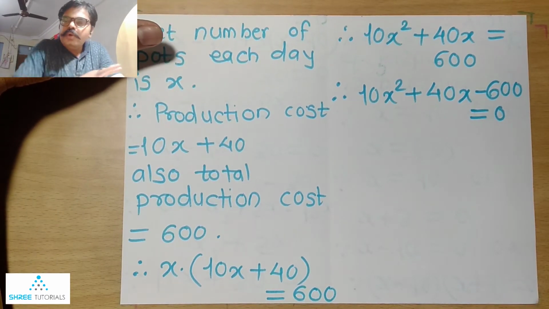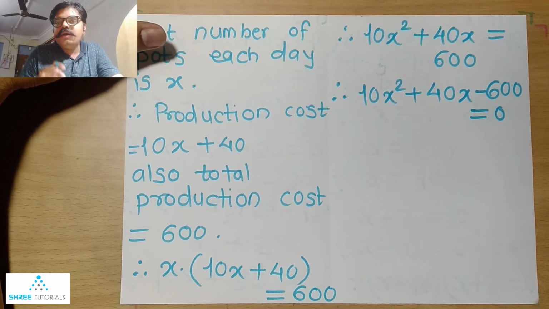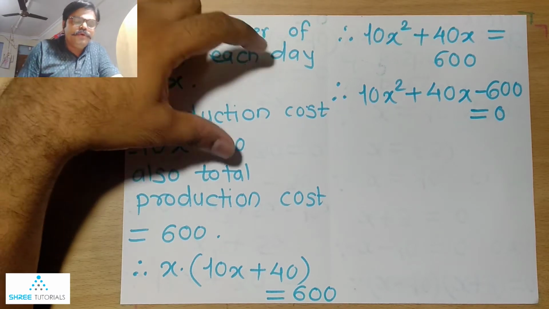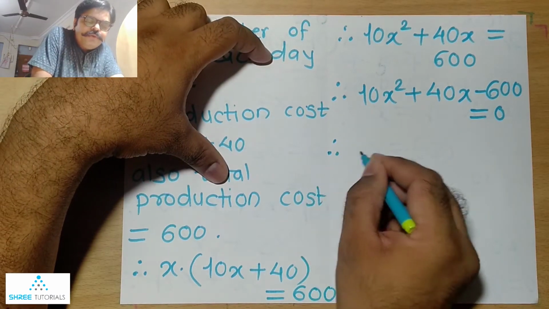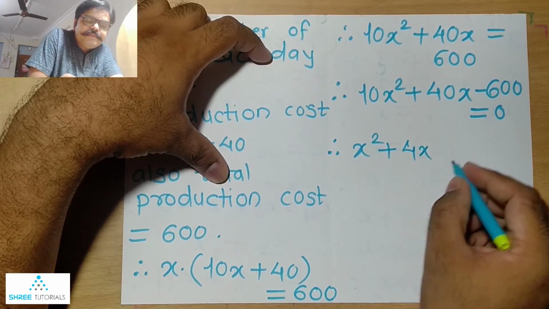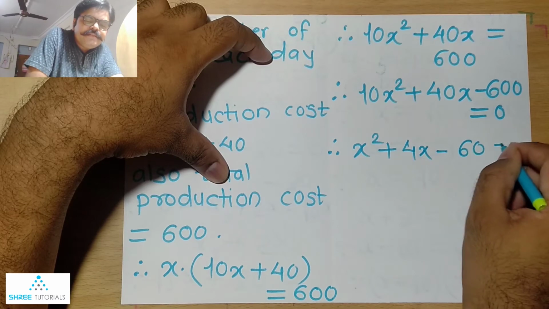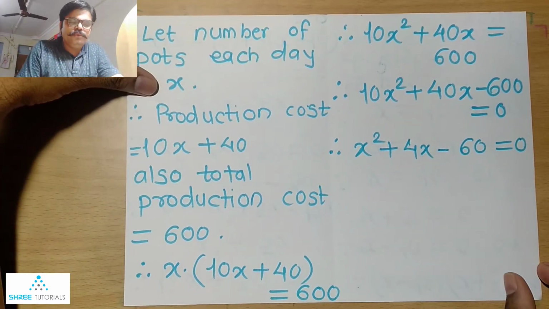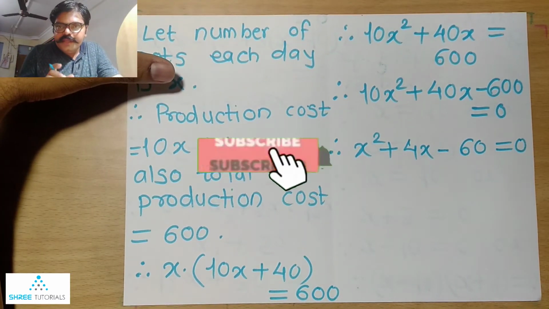Now throughout this equation we are going to divide by 10. So the equation will look like x square plus 4x minus 60 is equal to 0. So this is our quadratic equation.